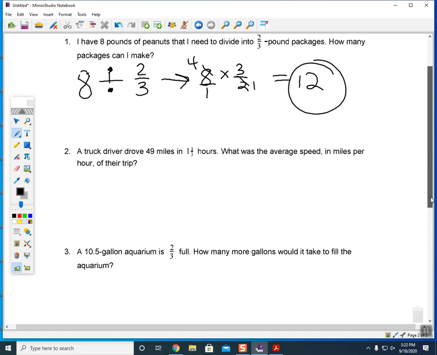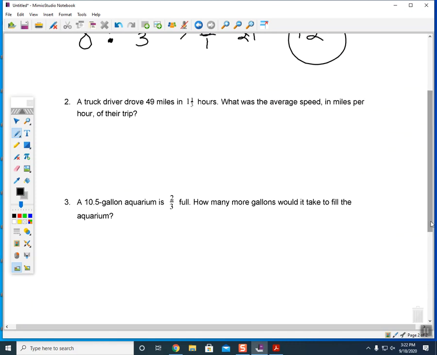We're doing a similar thing here, truck driver drove 49 miles in 1 1/3 hours. What was his average speed in miles per hour? So I'm taking my miles, 49, dividing it by 1 1/3 or 4/3, which is going to be the same as 49 over 1 times 3/4.